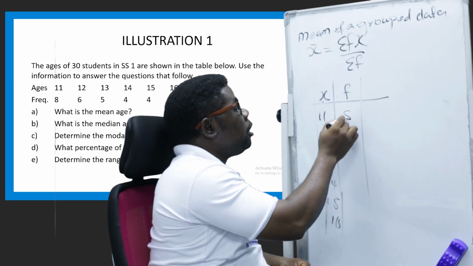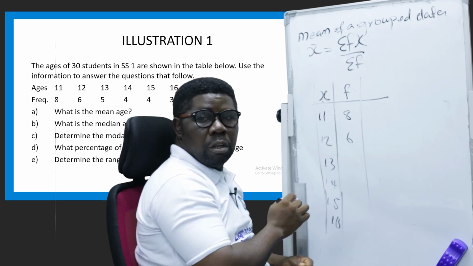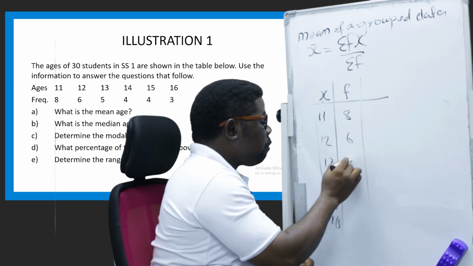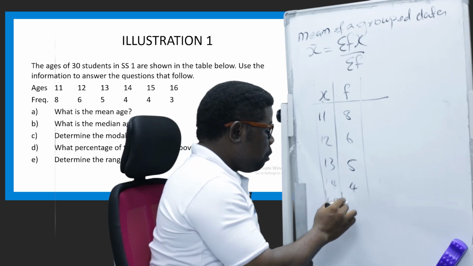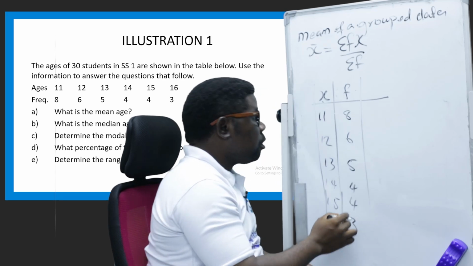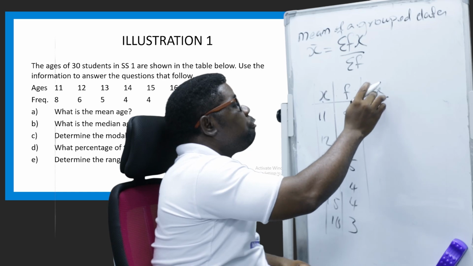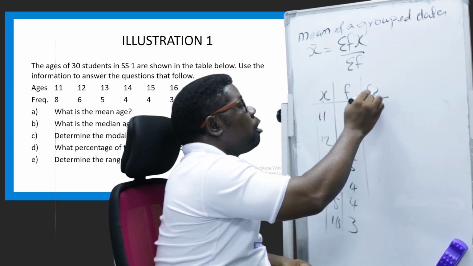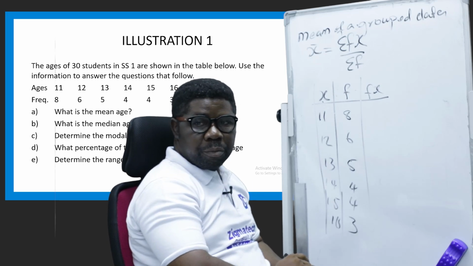The frequencies accordingly: 11 is 8, 12 is 6, 13 is 5, 14 is 4, 15 is 4, and 16 is 3. So our fx will be frequency times x.